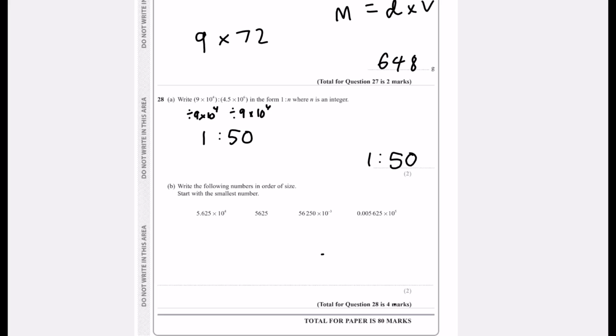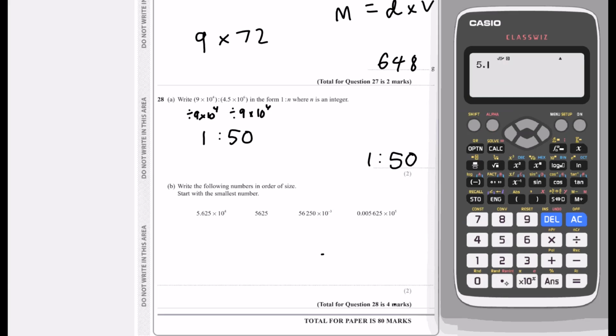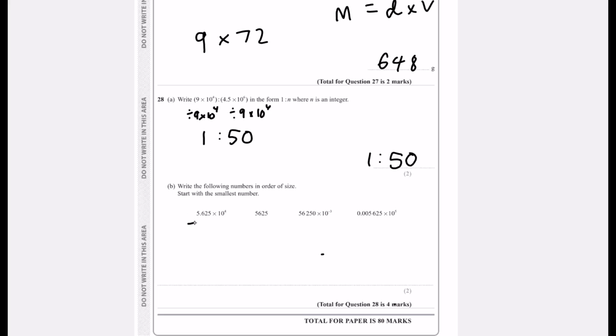And write the following numbers in order of size. Start with the smallest number. So we can convert all of these into ordinary numbers, and we can use the calculator to do it. So 5.625 times 10 to the power of 4 is 56,250.